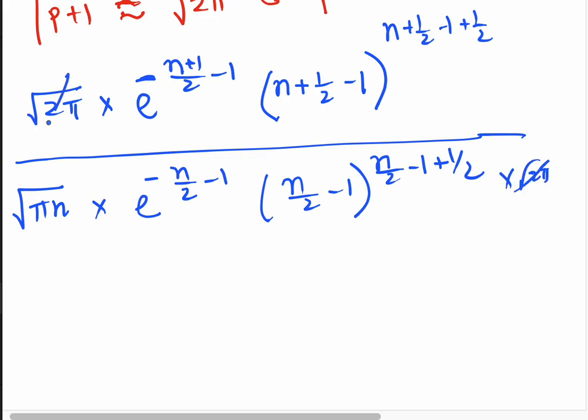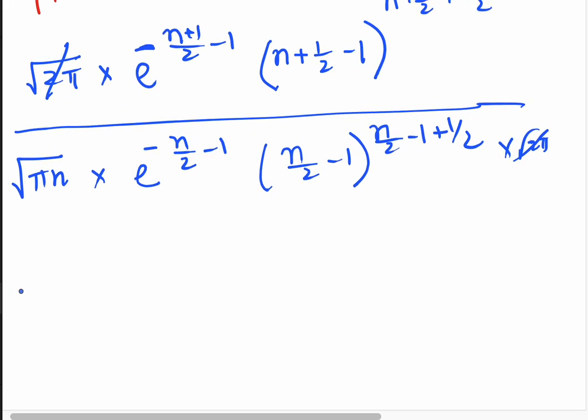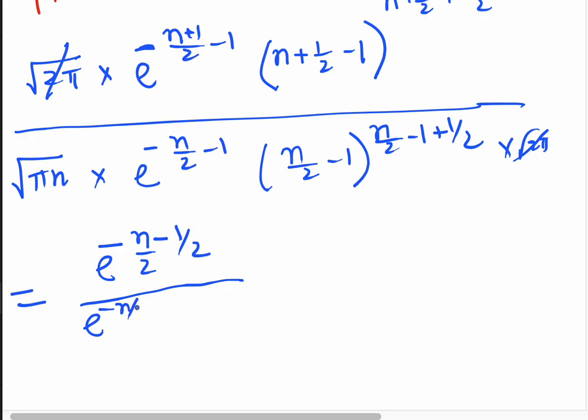So the root 2 pi will be cancelled. So this is e to the power minus (n minus half) minus (n by 2 minus half), and here also e to the power minus (n by 2 minus 1).